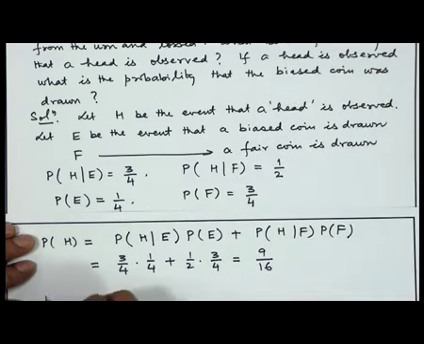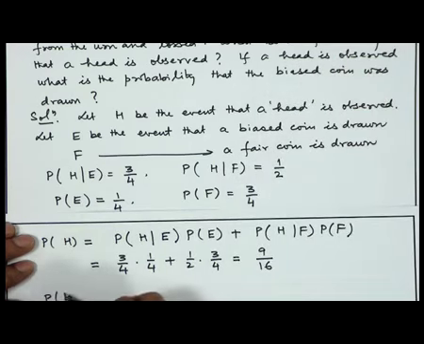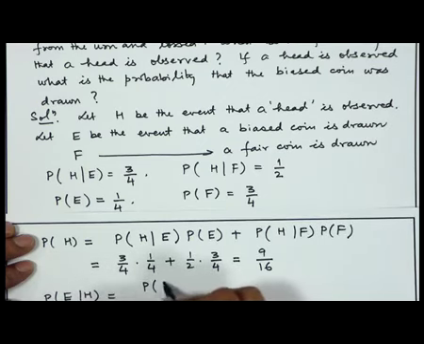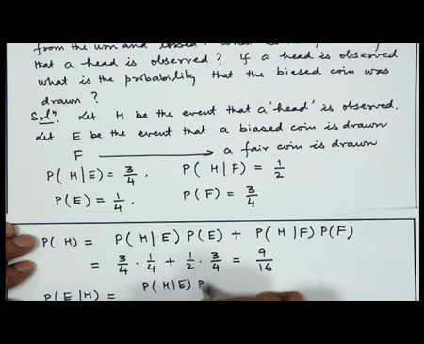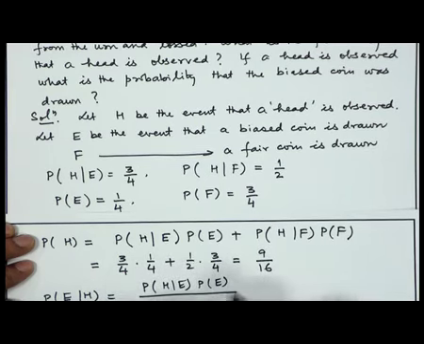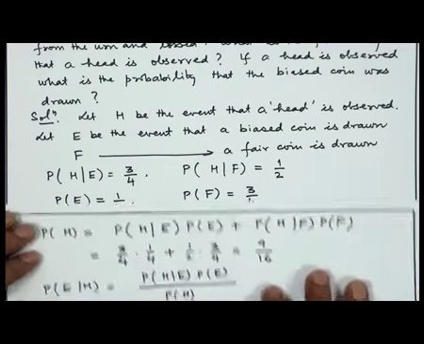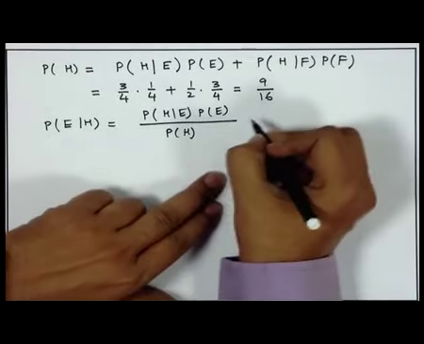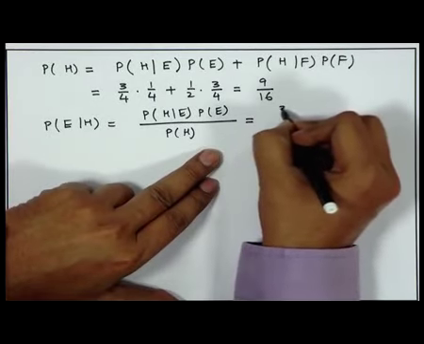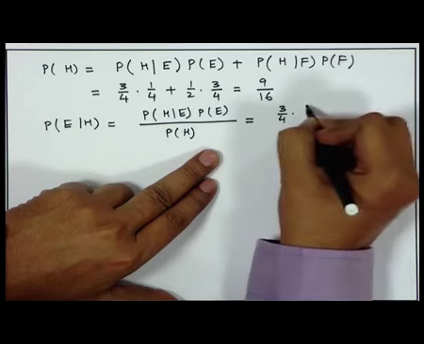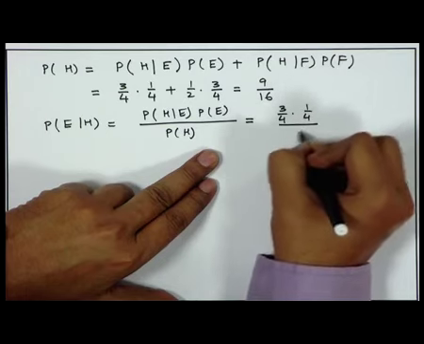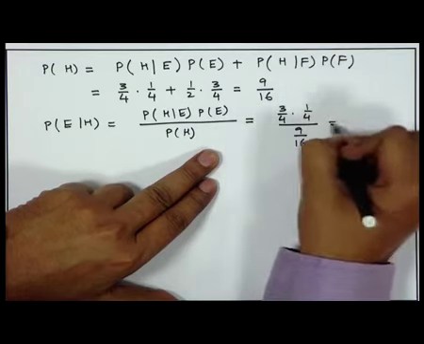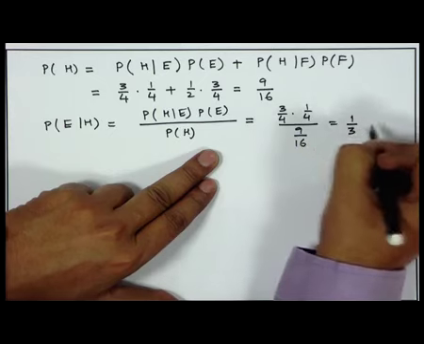So, what is the probability of E given H? By Bayes theorem, it is H given E into probability of E divided by probability of H. All these terms are available, 3 by 4 and 1 by 4 divided by 9 by 16. So, it is equal to 1 by 3.